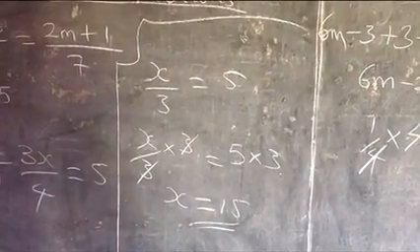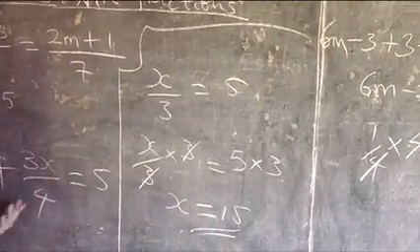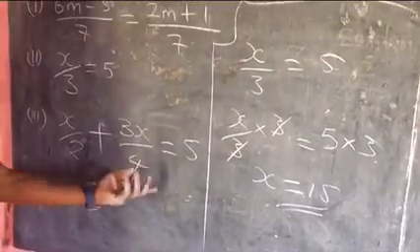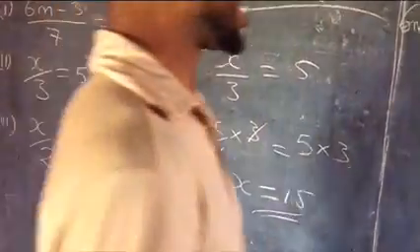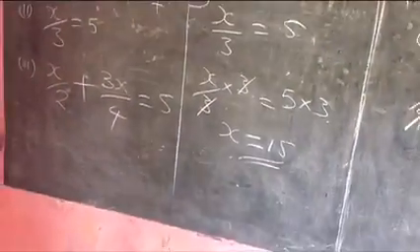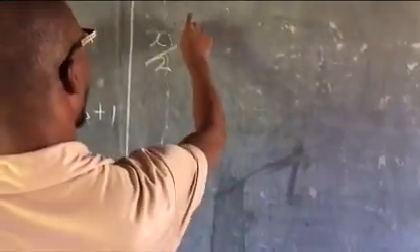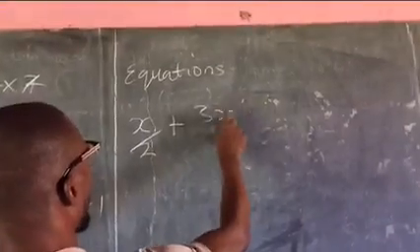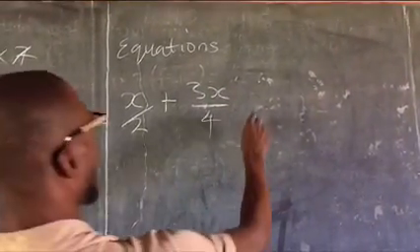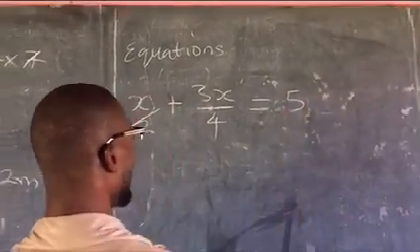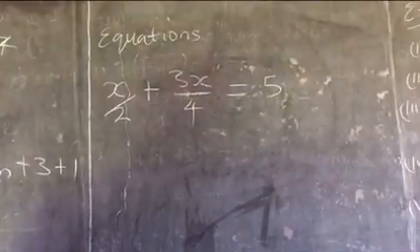Check, your answer is not complete. So we can check this one out. We'll do this one: x over 2 plus 3x over 4 is supposed to be 5. Right?